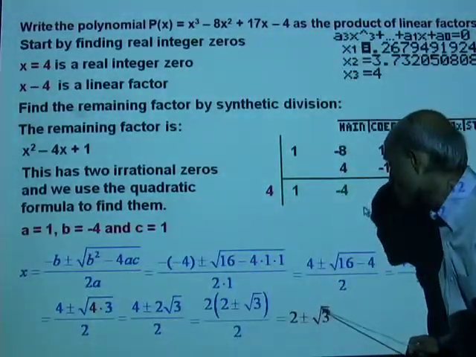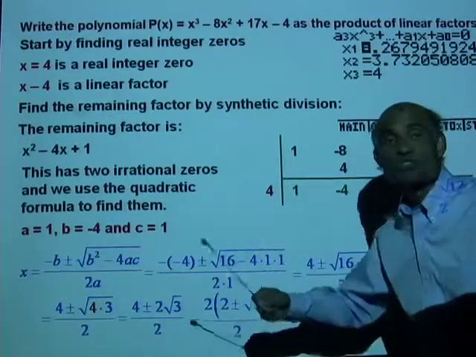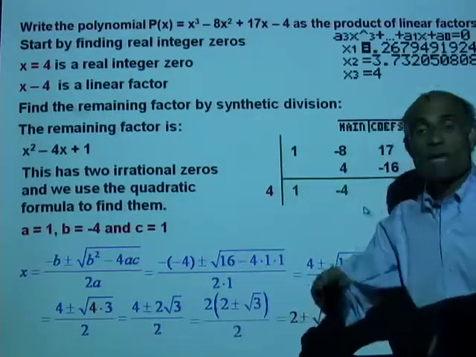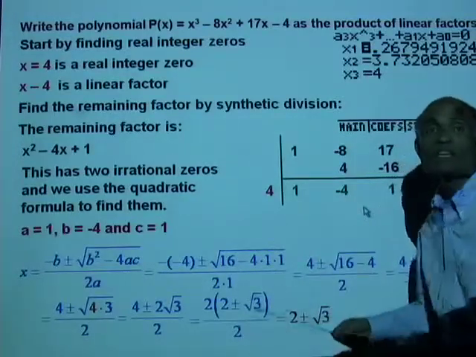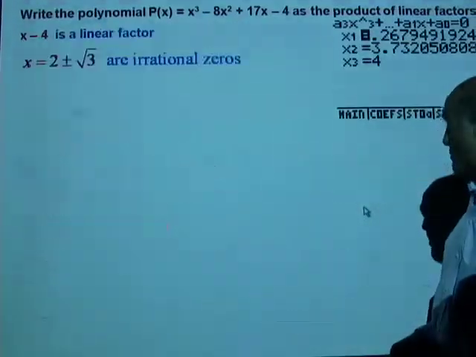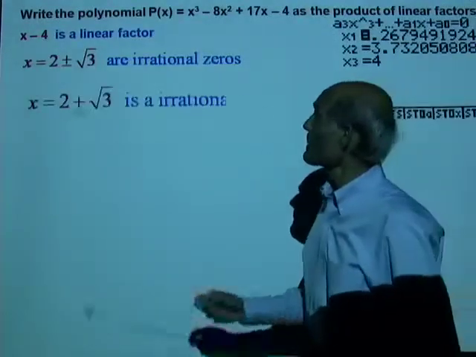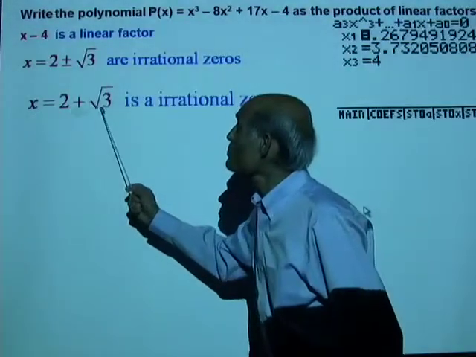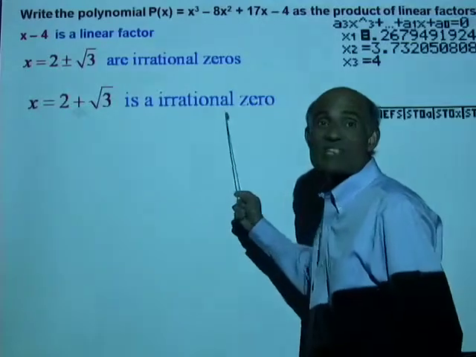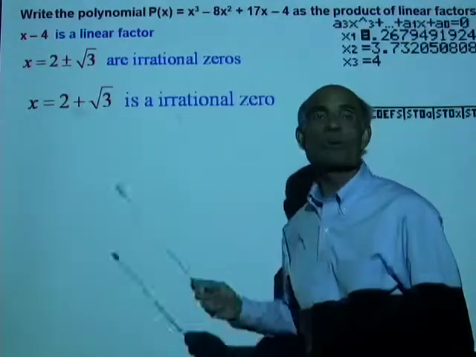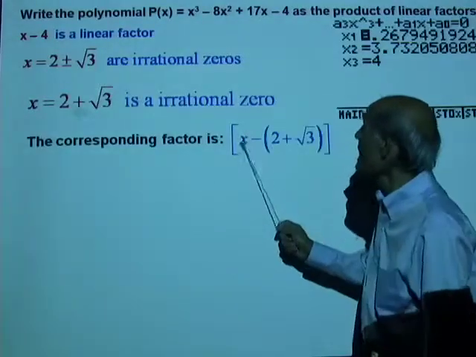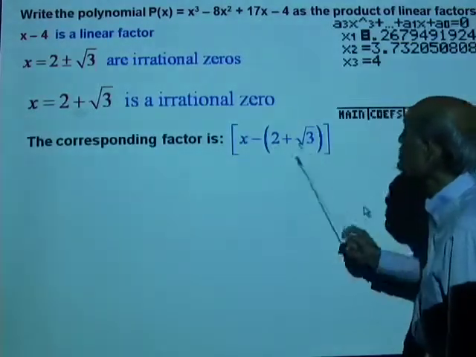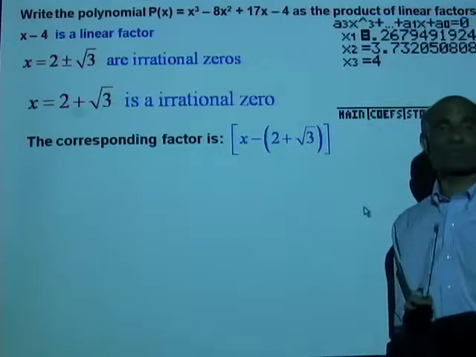If 2 plus square root 3 is a zero of the polynomial, then x minus the quantity 2 plus square root 3 is a factor. All right, let's write that. x equal to 2 plus square root 3 is an irrational zero of the polynomial, and the corresponding factor is x minus the quantity 2 plus square root 3.